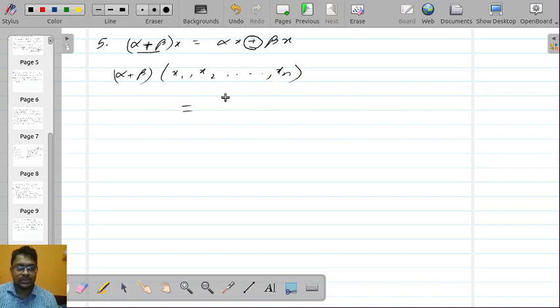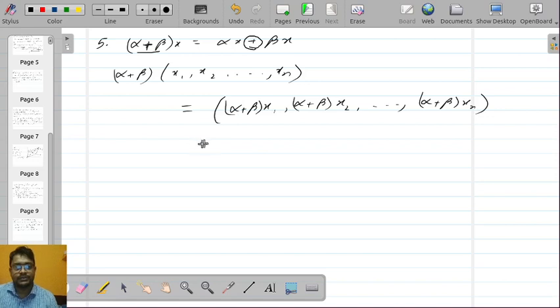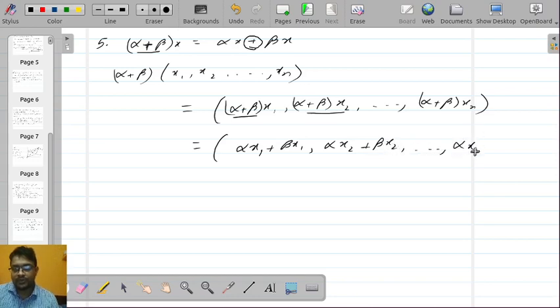By definition of scalar multiplication, it is alpha plus beta times x1, alpha plus beta times x2, like that, alpha plus beta times xn. Because these are real numbers, I can apply the distributive property of multiplication over addition. So it's alpha times x1 plus beta times x1, alpha times x2 plus beta times x2, and alpha times xn plus beta times xn. Then apply the vector addition rule.